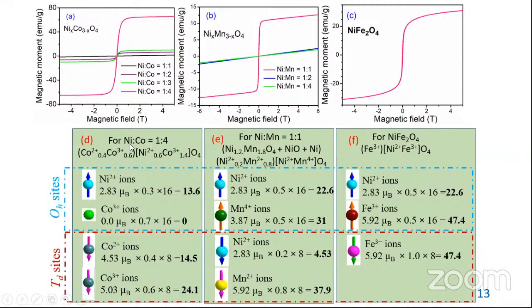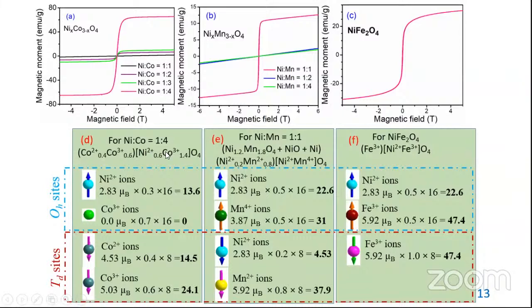We arranged the cations in octahedral sites within the square brackets and tetrahedral sites in normal brackets. As we can see, this is how the cobalt and nickel ions are arranged, and oxygen is just outside. We are only interested in the cation distribution.